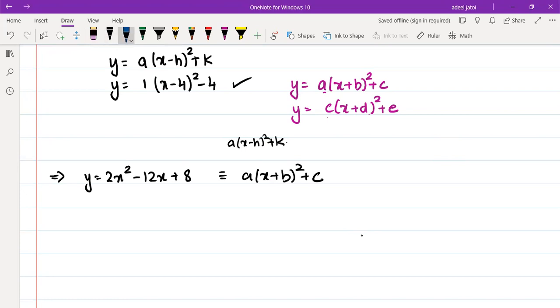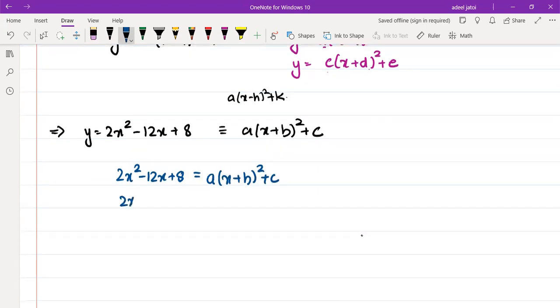So if we change this to x square minus 12x plus 8, if you want to change this to the given equation, that is a x plus b whole square plus c, we will be opening up the bracket first.